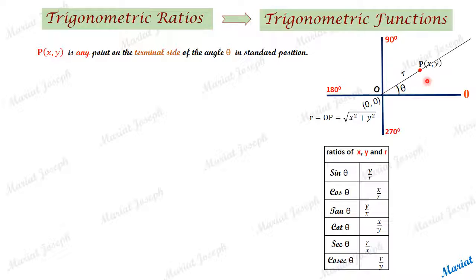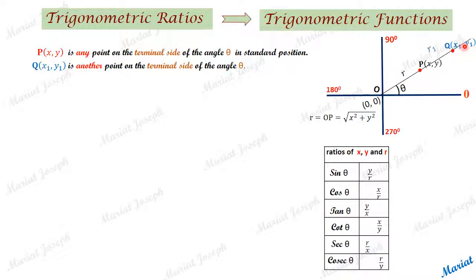But will these trigonometric function values remain the same if we had taken some other point? Angle is the same. So let us discuss that case also. If we had taken another point Q with some other coordinates x1, y1, of course the distance from O to Q will also be different, not R. Let me call it R1, which also could have been calculated using these coordinates and 0, 0.